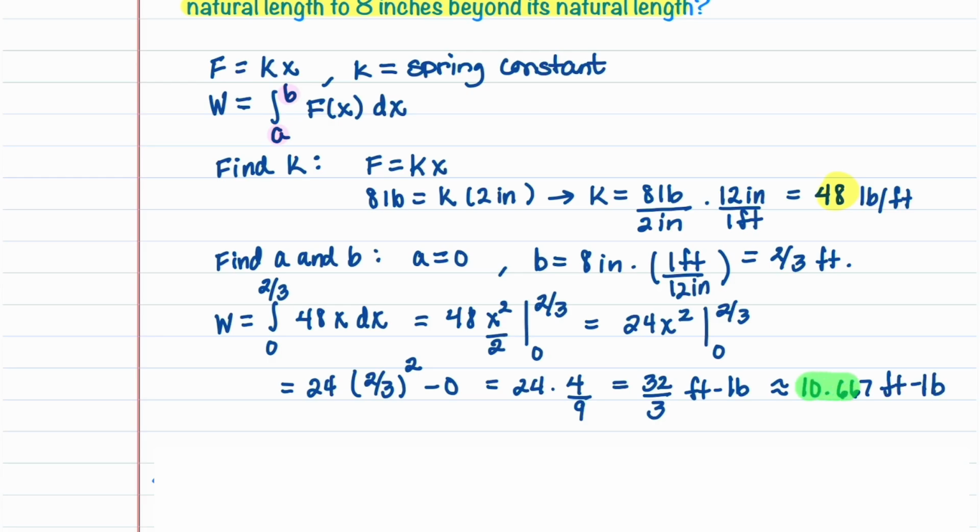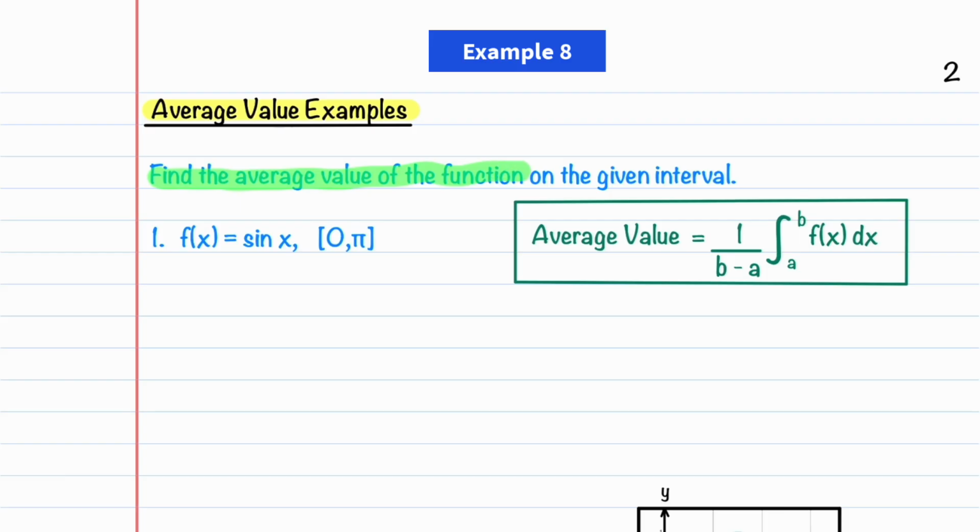We're going to find the average value of a given function on a closed interval. Let's look at our first example. Our function is f of x is equal to sine x, and the closed interval is from 0 to pi. Just to make things easier, over here on the right, I have written down the formula for the average value of a function on a closed interval.